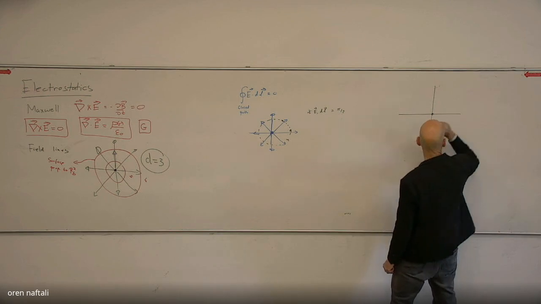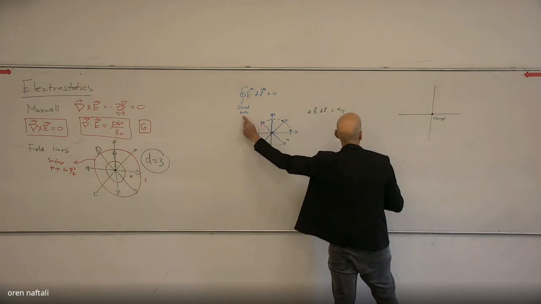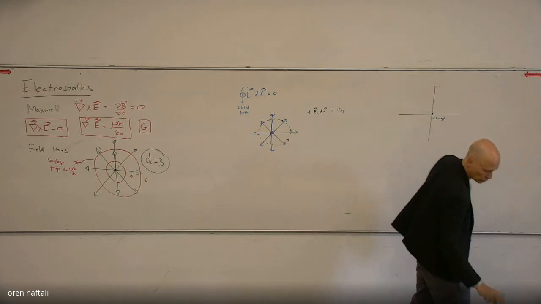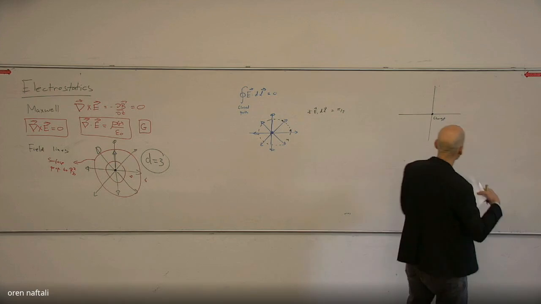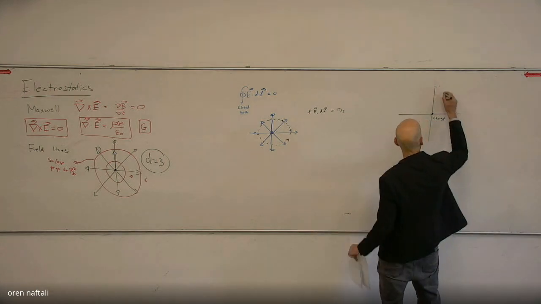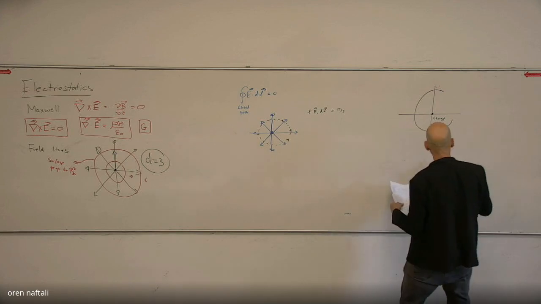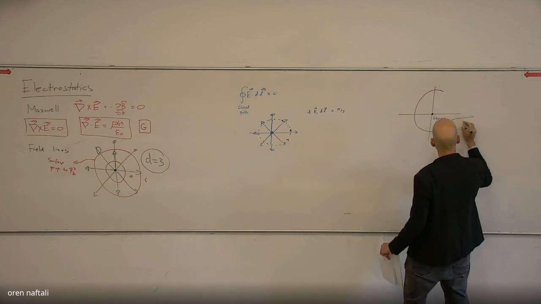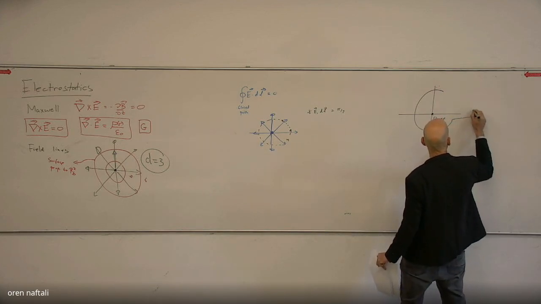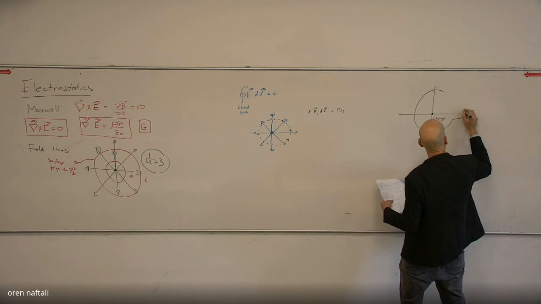But let us define a new path. So we have this charge here. And now I'm defining this path of integration, and I want to do something a little bit crazy, maybe something like this. These are very bad drawings.